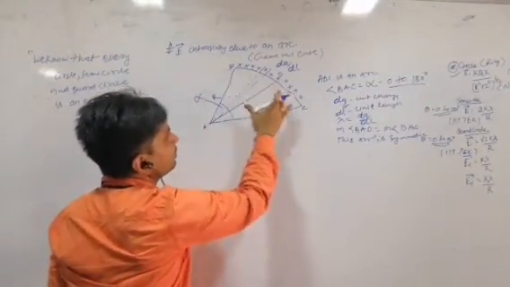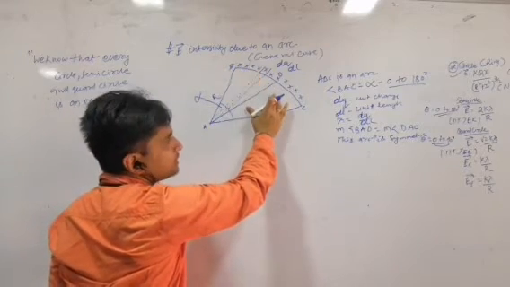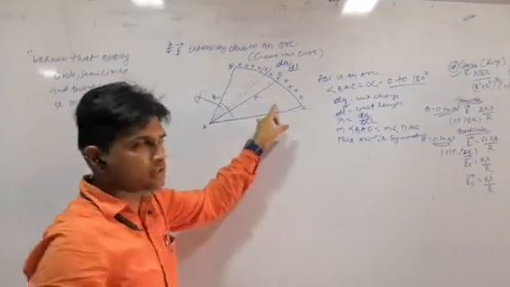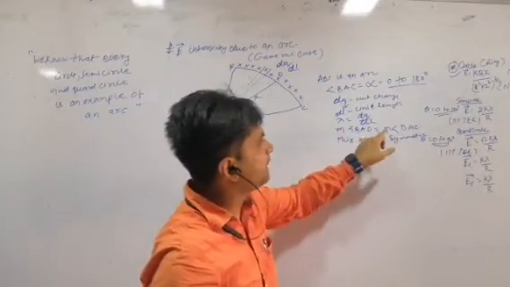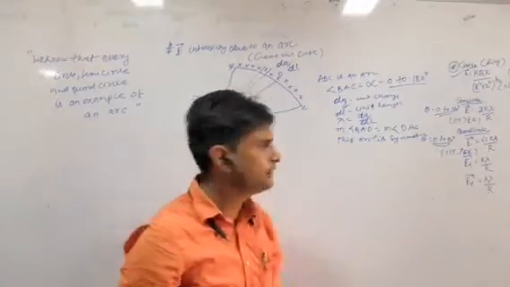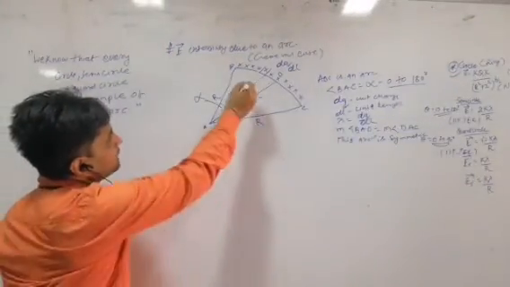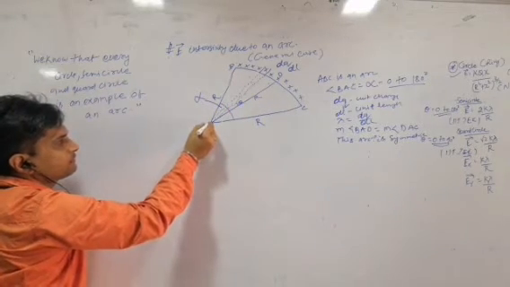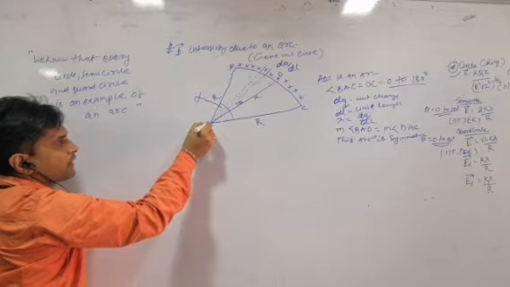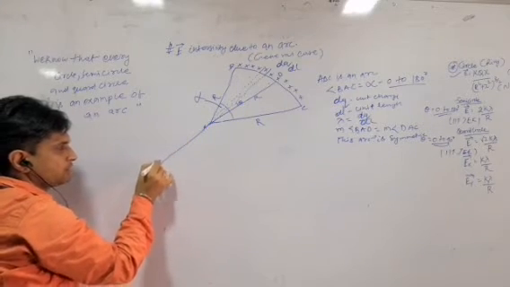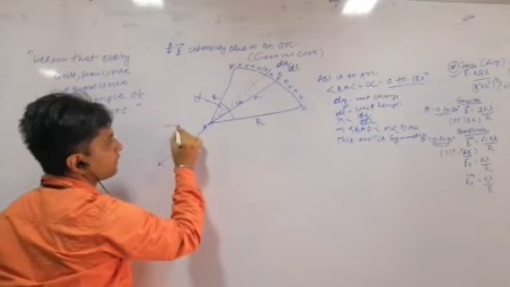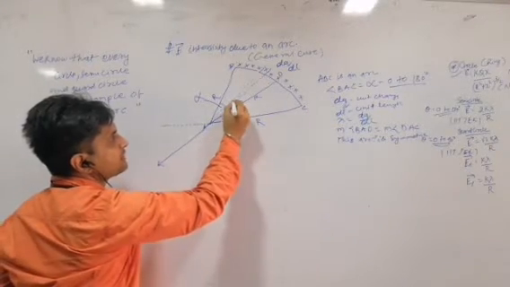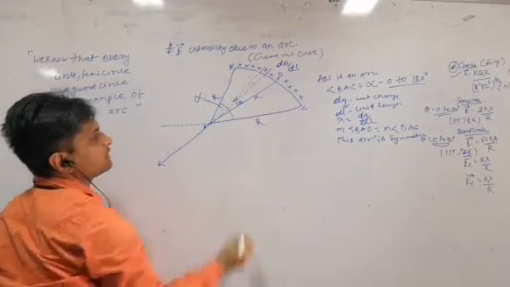So this region is equal to this region, because this is also an arc. That's why I'm writing angle BAD equals angle DAC. What is this angle? This is theta.